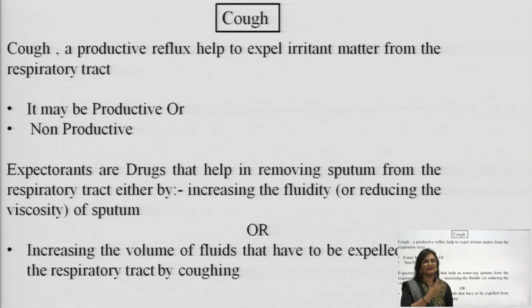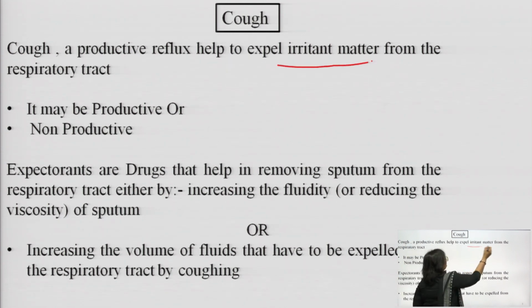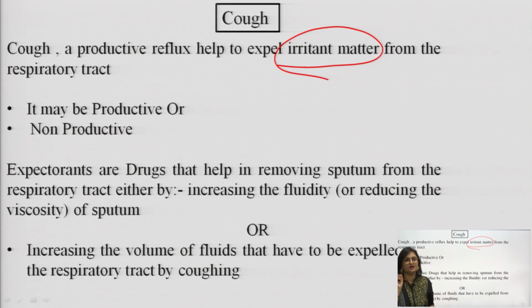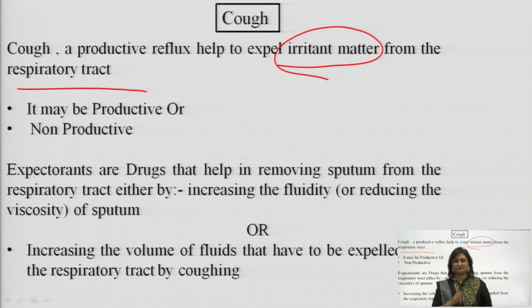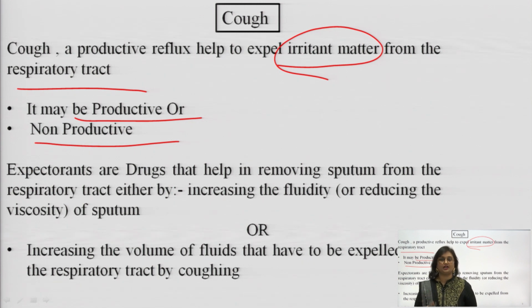It helps in removing irritant matter from the respiratory tract. It may be productive or non-productive.